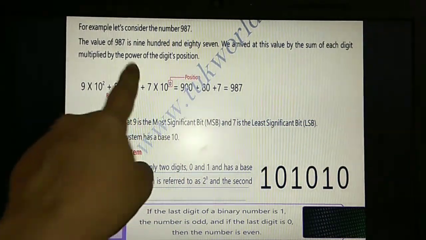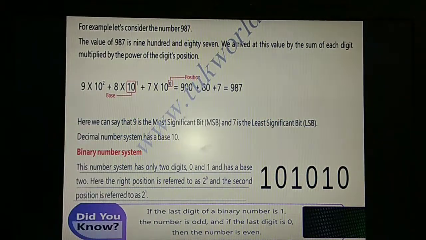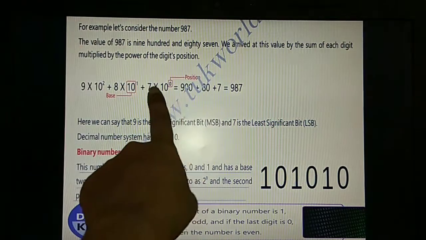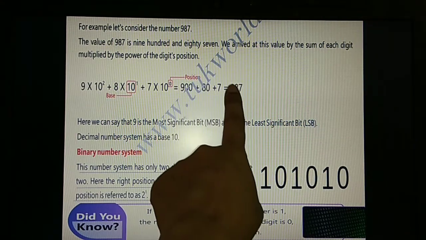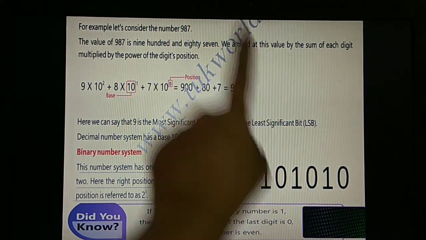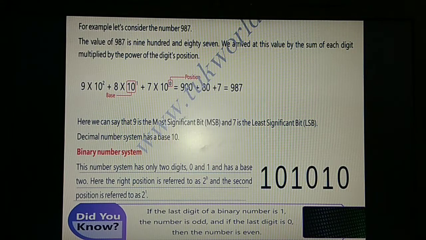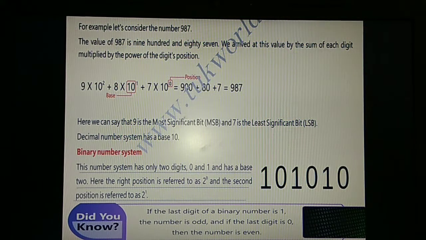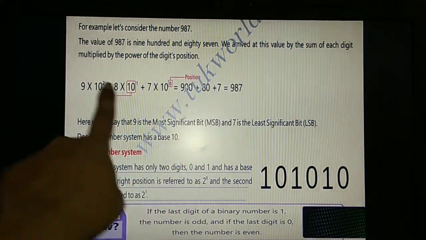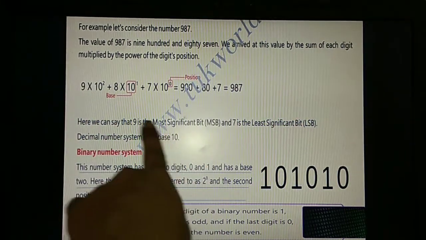Here you are multiplying 1 time, and here you are multiplying 2 times. So it will be 7. Hence the sum of the digits you get is 987.